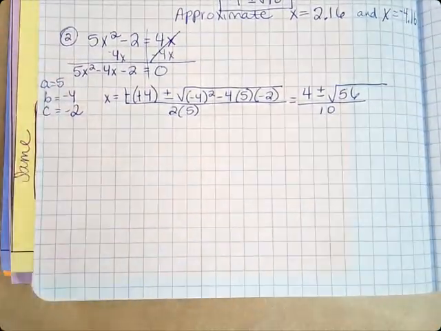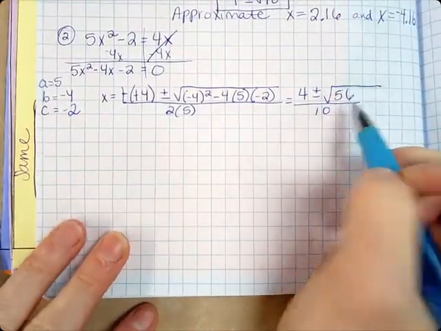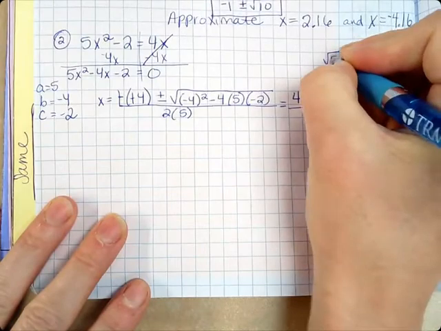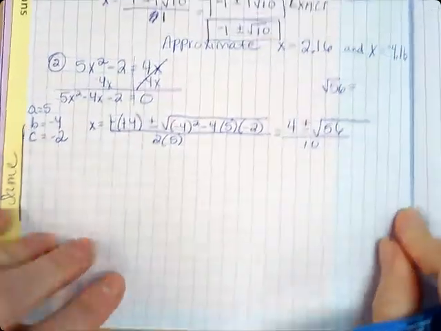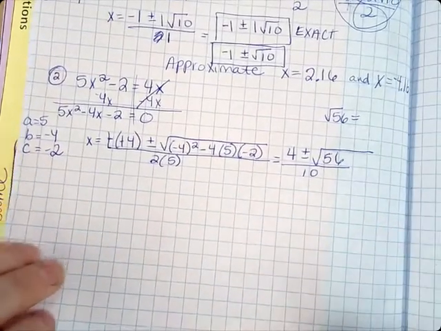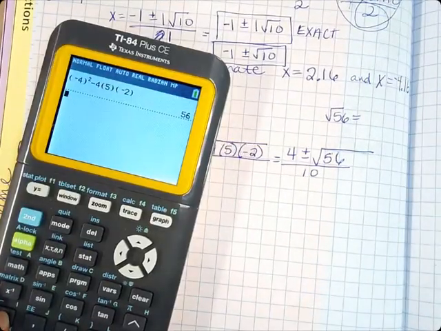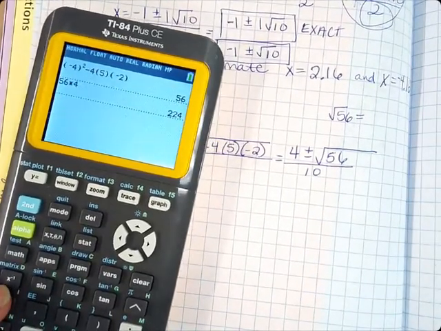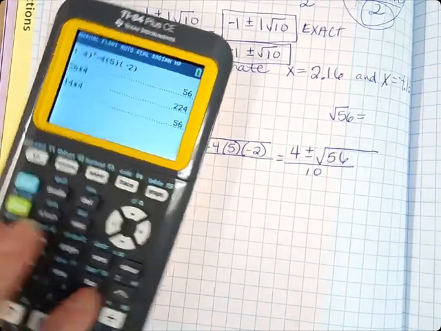Okay, what perfect square will evenly divide 56? 4 times what? 14. Oh, hold on. 14 times 4? Yes. Okay.